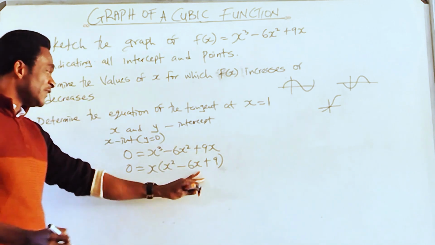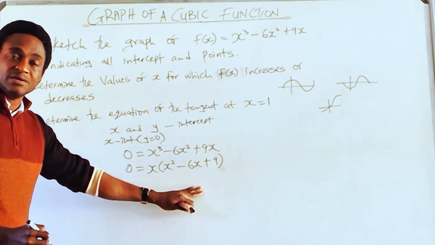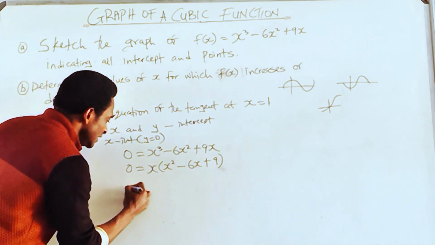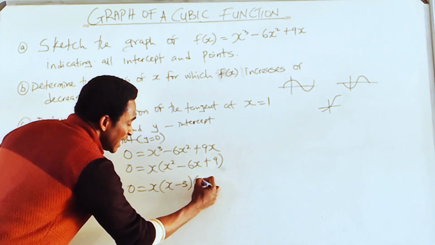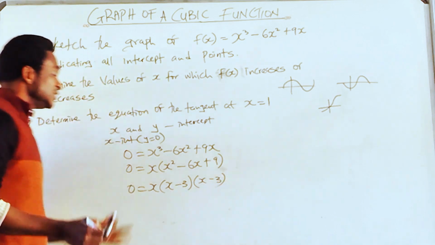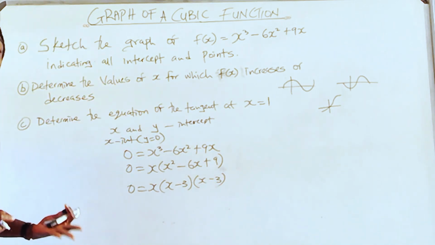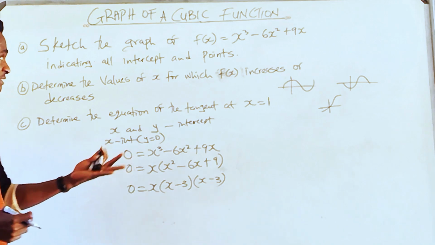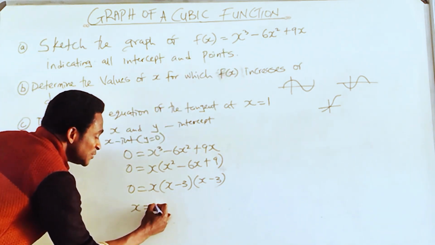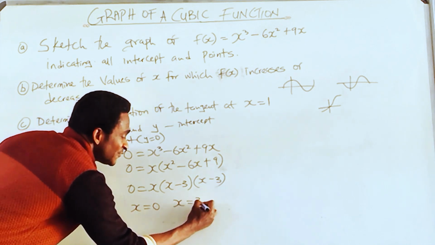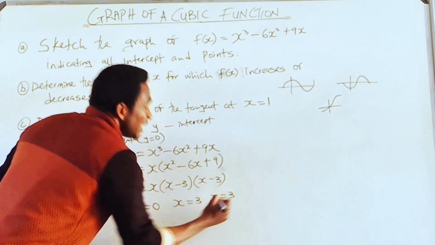We check if this is factorizable; this is a trinomial. Let's see if this is factorizable, so we have x into x minus 3 and x minus 3. So this is factorizable, and we will return 3 values of x, which is normal for a cubic function. So the values of x in this case will be 0, 3 and 3, so we have 3 twice.